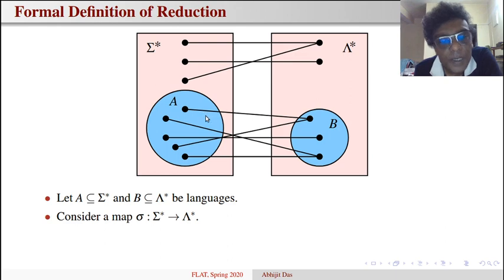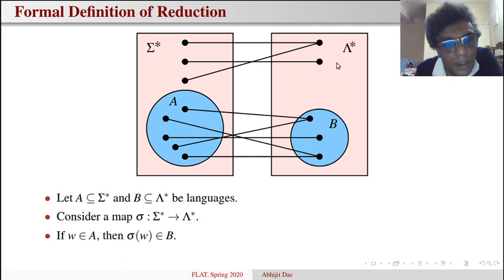It has the property that whenever I have a member of A, this will map to a member of B, and whatever is outside A but in sigma star will map to something outside B but in lambda star. So if W is in A, then its image will be in B. If W is not in A, then its image will also not be in B.